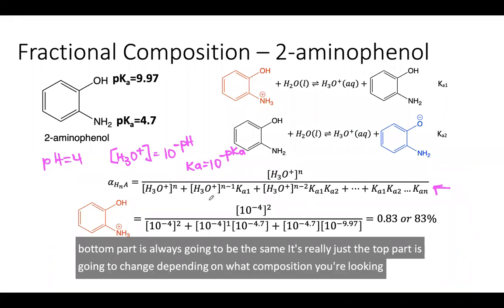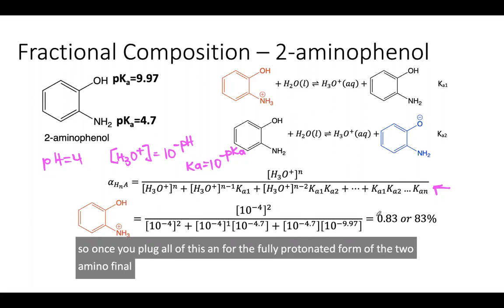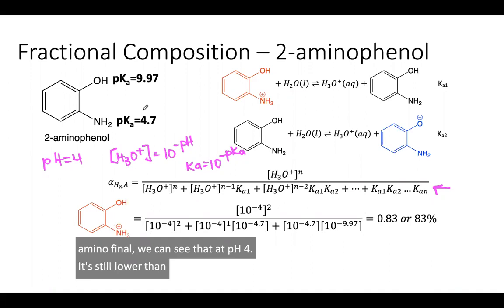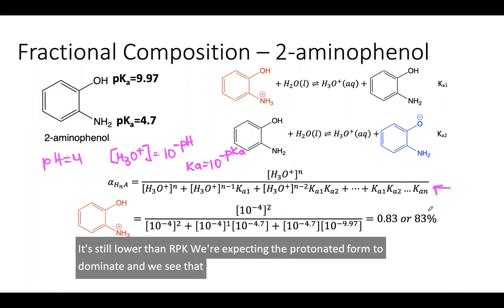And so once we plug all of this in for the fully protonated form of the 2-aminophenol, we can see that at pH 4, it's still lower than our pKa. We're expecting the protonated form to dominate, and we see that 0.83 of it, or 83% of the composition, is in this fully protonated form.